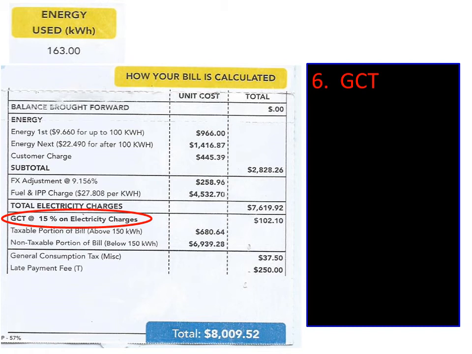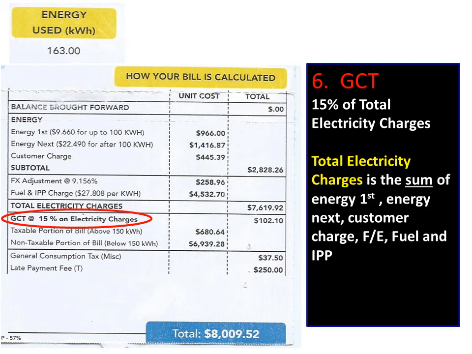Now we're calculating the GCT. And the GCT is the final thing that we're going to calculate on our bill. The GCT is 15% of the total electricity charges. It means that the total electricity charges are what we calculated before, the 5 things that we calculated.